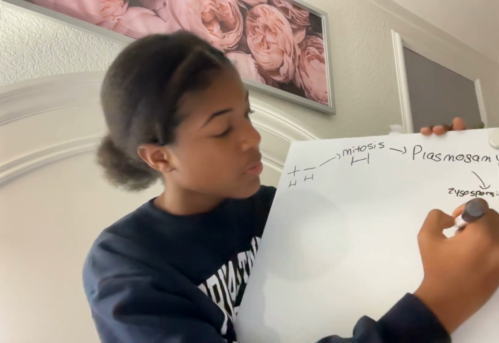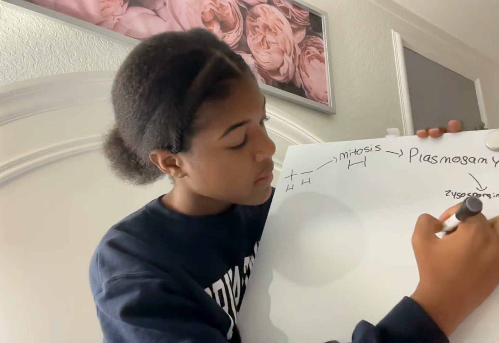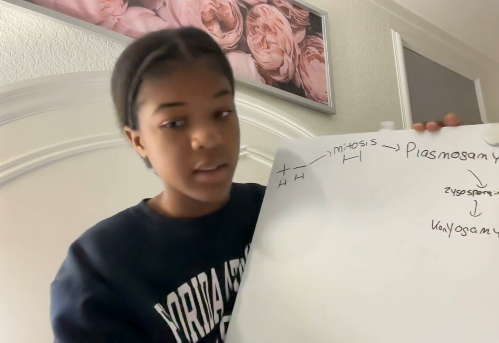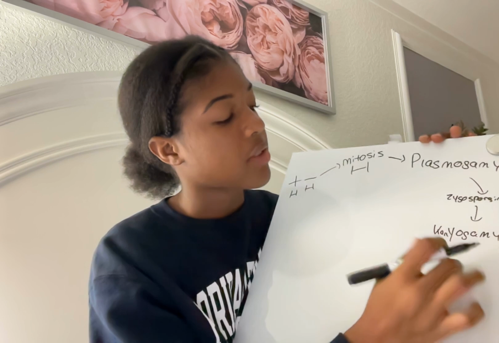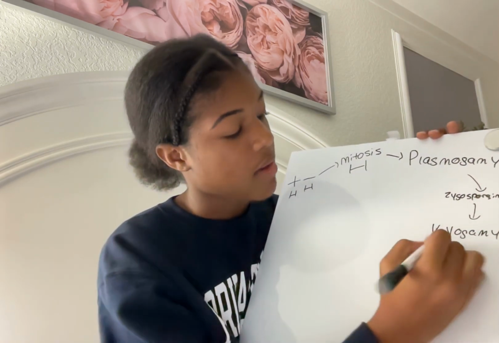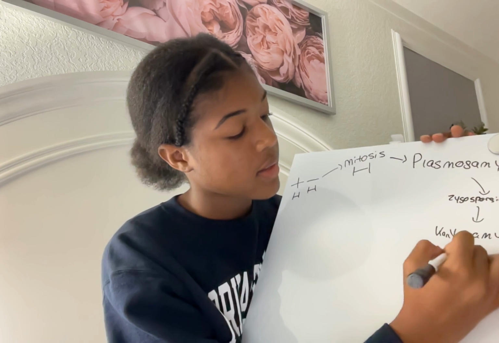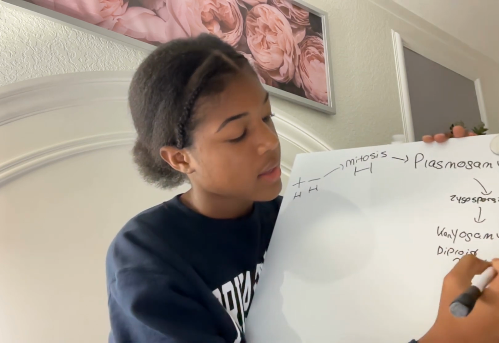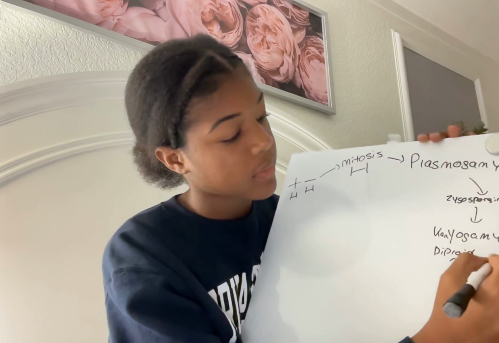With the young zygosporangium, we then go through karyogamy. After karyogamy, we have diploid nuclei. It looks like a little circle like that.